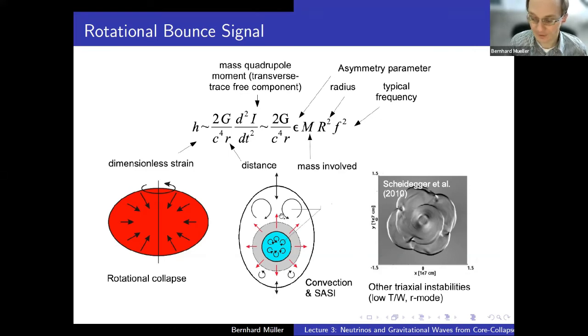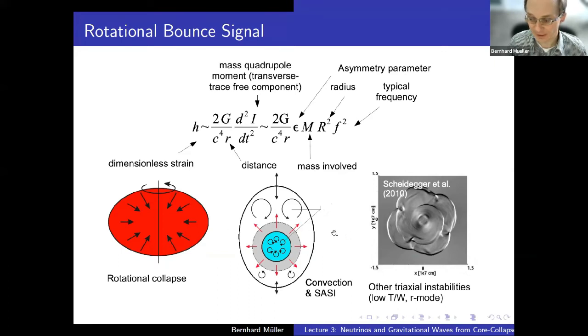And finally, there's another class of non-radial instabilities that's again related to rotation. So rotation by itself does generate a permanent quadrupole moment, and that will generate gravitational waves if this deformed mass configuration shrinks or re-expands.